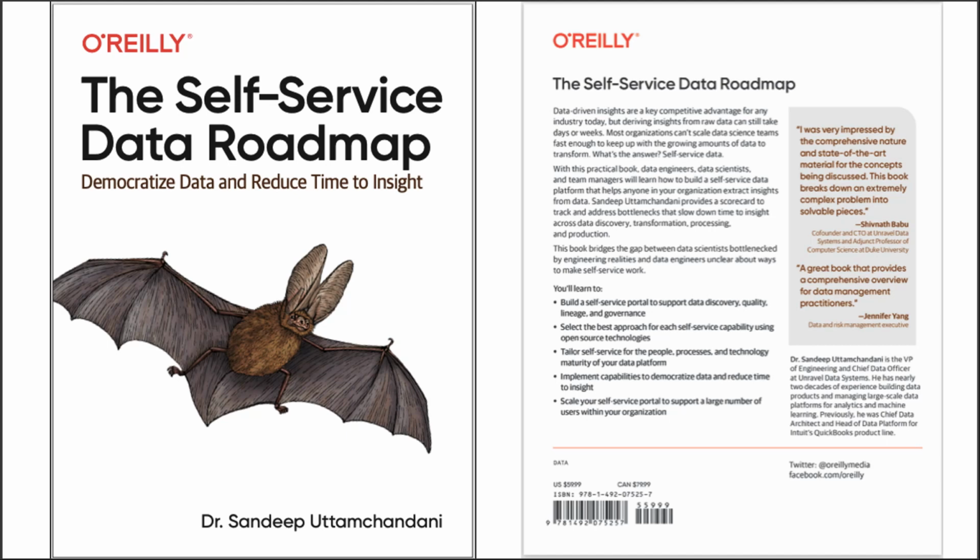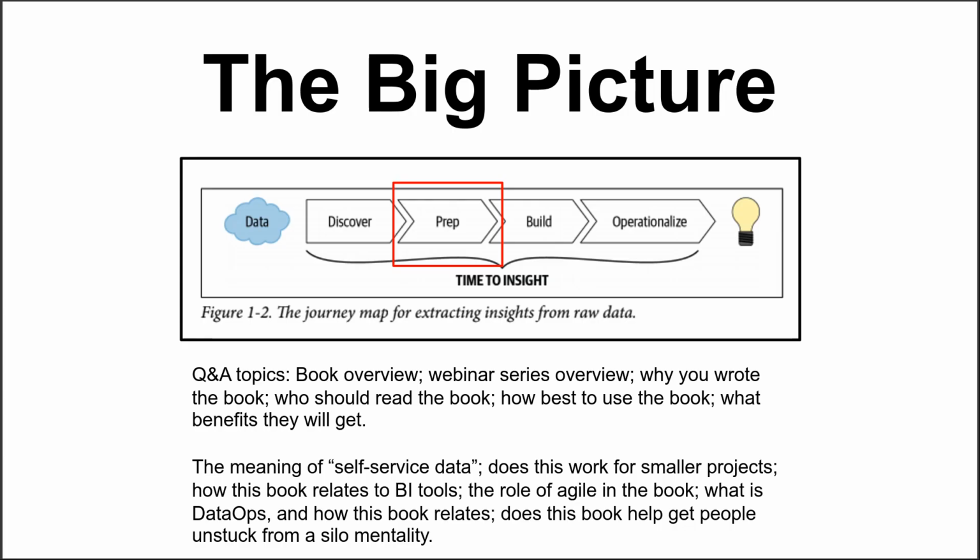Any project has four parts to it, right? There is the data discovery phase, then there is the preparation, then there is the build. Build is the part where you're putting your metrics or logic together to extract insights, build models, and whatnot. Then the last one is operationalize, which is getting it out there and running it as something which is available on an SLA, something the business relies on, something the product relies on.